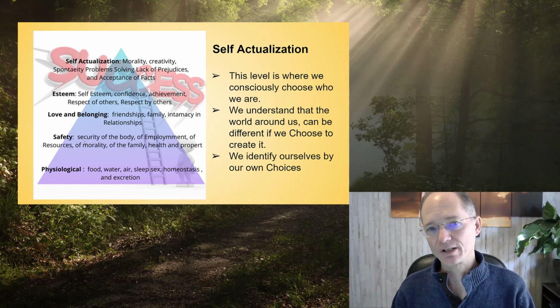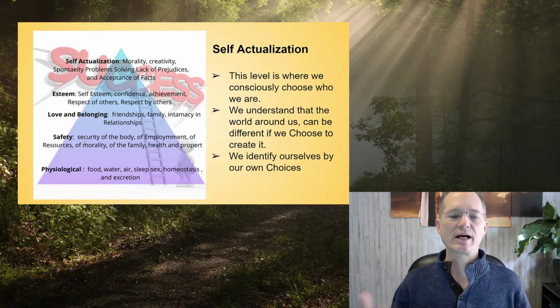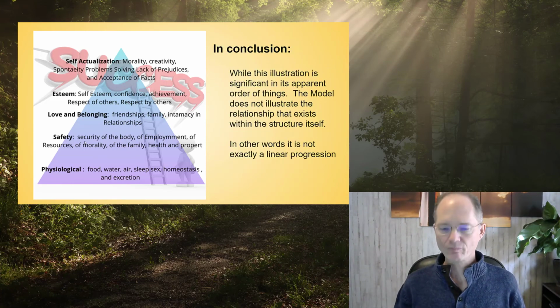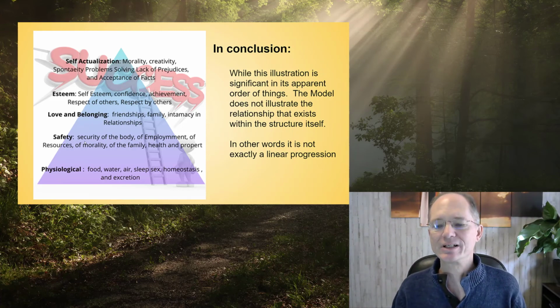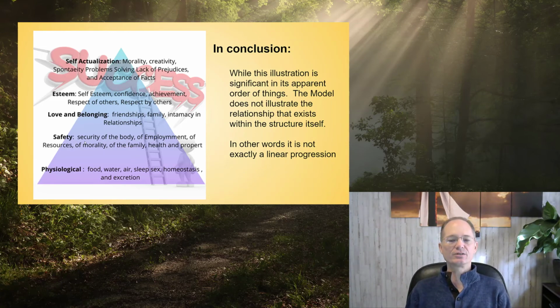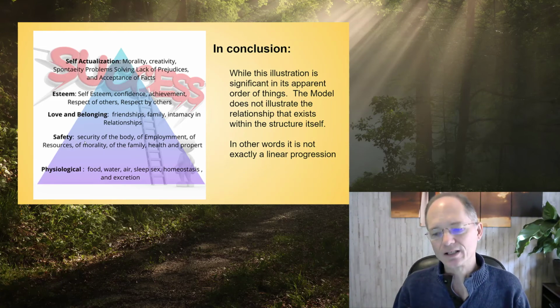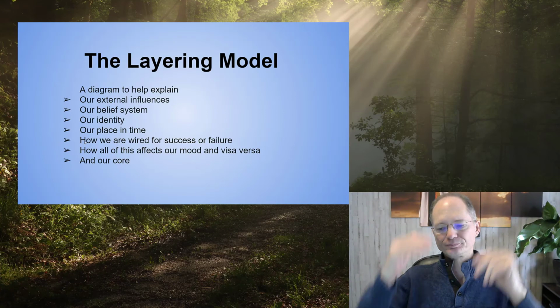But as we'll see in our next video, we're going to look inward and outward. So in conclusion, the illustration is significant in its apparent order of things. The model does not illustrate the relationship that exists within the structure itself. In other words, it's not a linear progression.